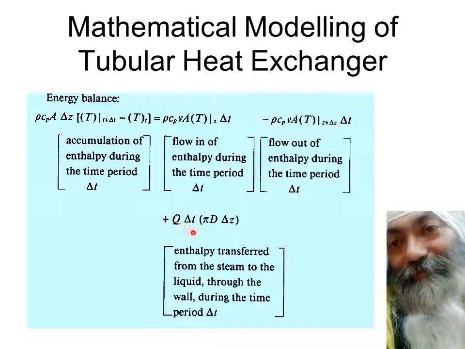And if you see very carefully, this equation contains delta Z over here, it contains delta T over here, and it contains both delta Z as well as delta T.